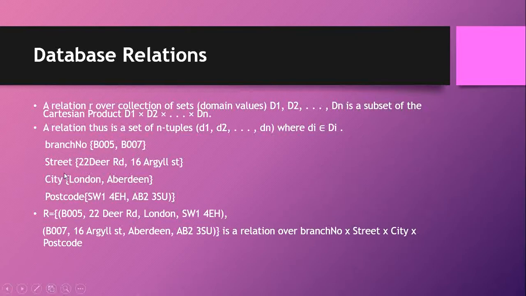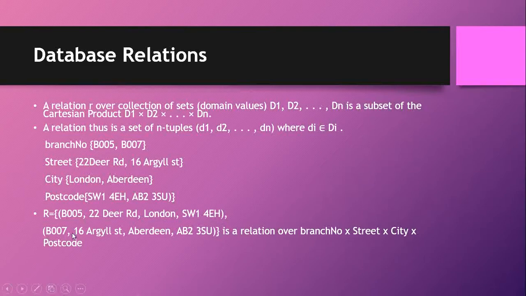Then we have street, we also have two values for street. Next we have the city domain, with two values for city, and then we have postcode with two values for postcode.